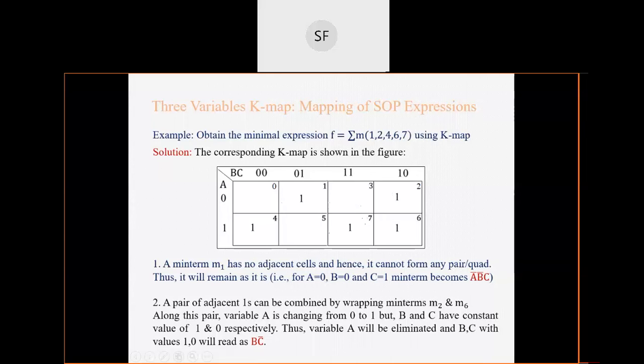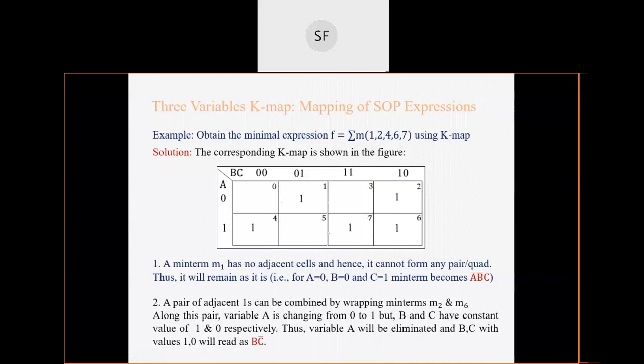If M3 had a 1, this would have formed a quad for you, but since there is no 1 in M3, there will not be any quad. Okay, so octet is not possible, quad is also not possible.